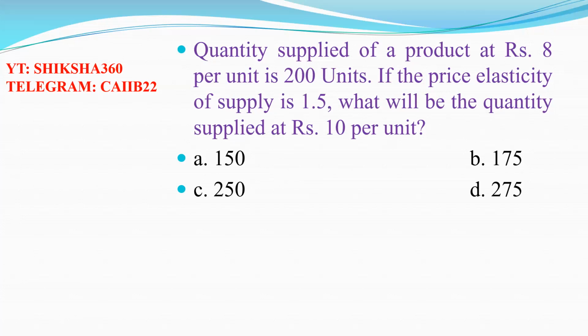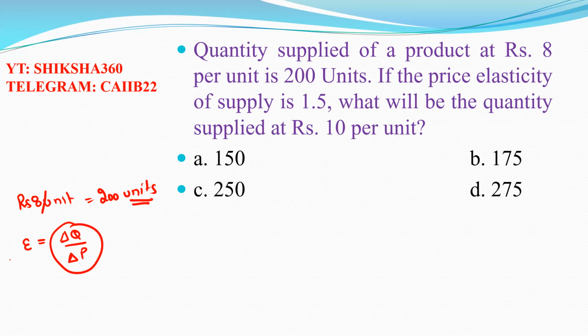The question says that the quantity supplied of a product at rupees 8 per unit is 200 units. Elasticity is basically change in quantity upon change in price.